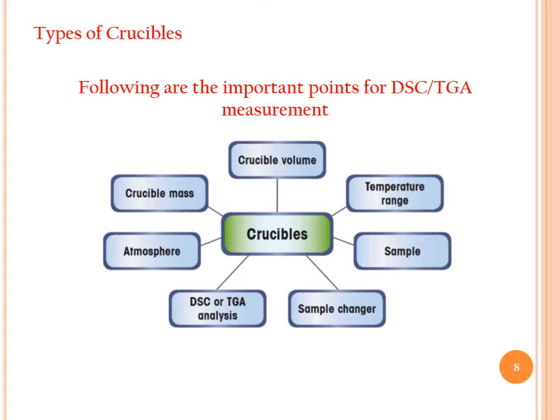Atmosphere: which kind of atmosphere we are to utilize. Either we need an inert atmosphere, like purging with inert gases such as nitrogen or helium, as these atmospheres we have already discussed in earlier techniques. And the crucible mass.